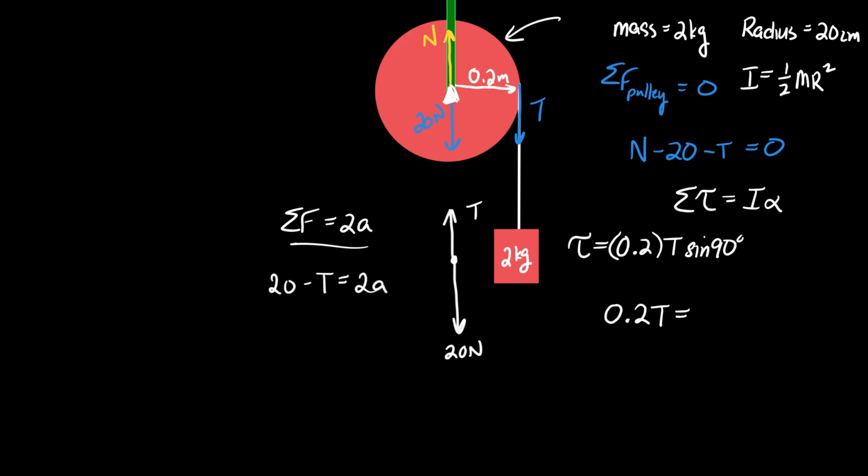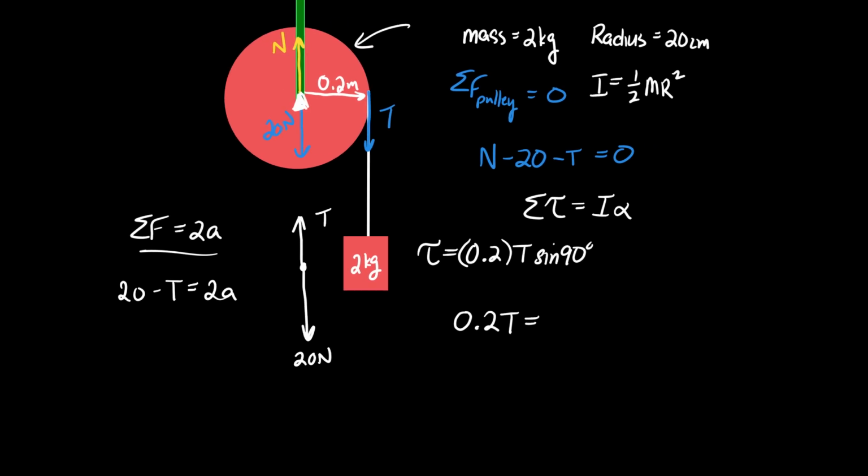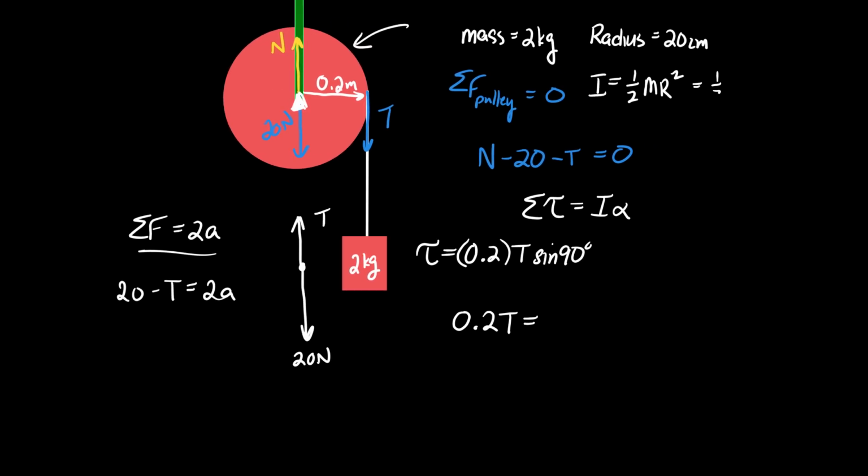Work it out. 1/2 times 2 times 0.2 squared.